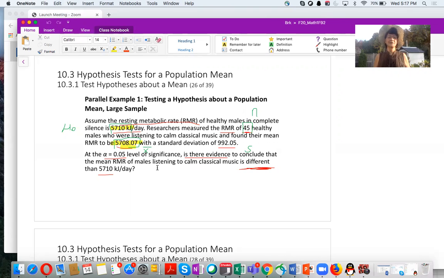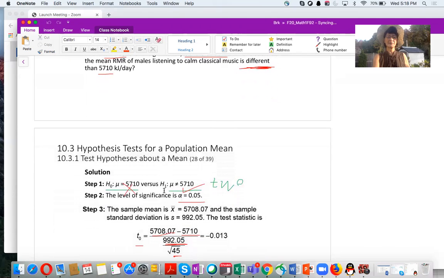At 0.05 level of significance, is there evidence to conclude that the mean is different from 5,710? Last lecture, I did the first 3 steps.